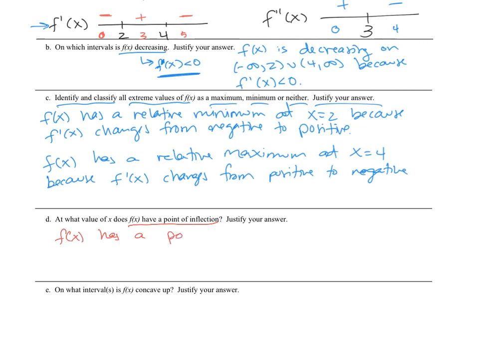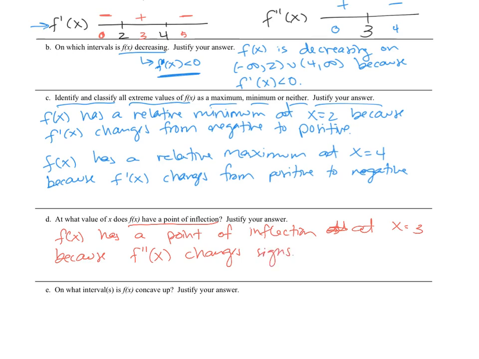has a point of inflection, spell it out, at x equals 3 because f double prime of x changes signs.